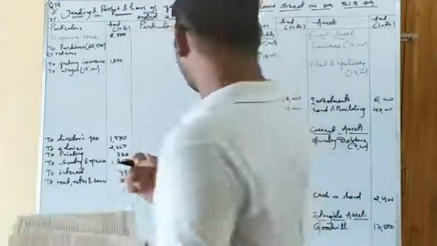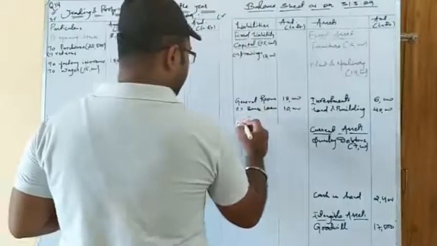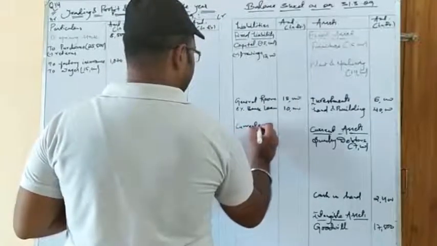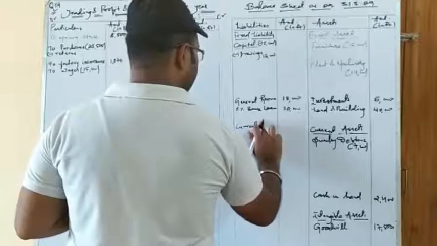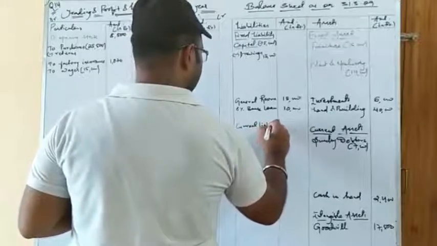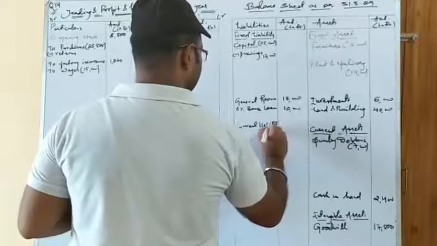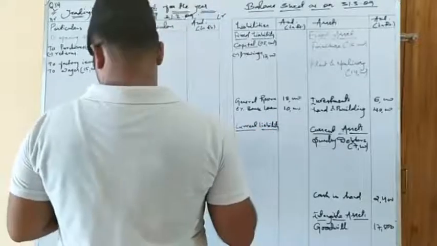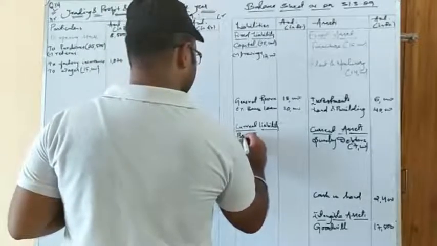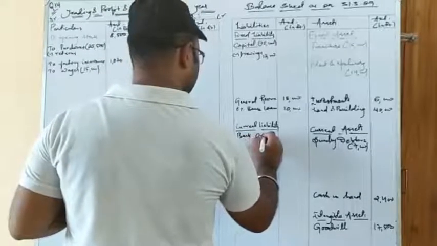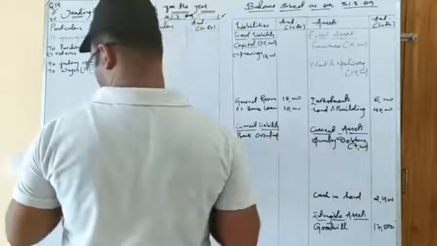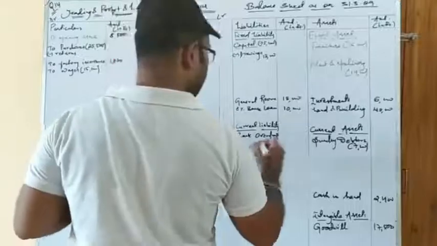The next is bank overdraft. Bank overdrafts are usually current liabilities, so let us write here current liability. Bank overdraft given is 1,500.